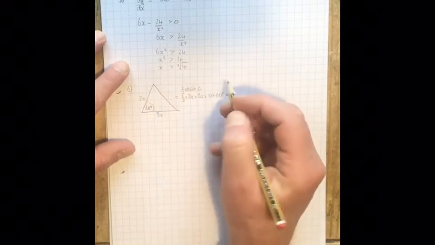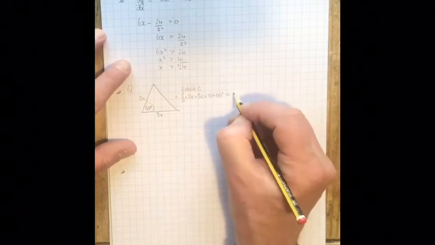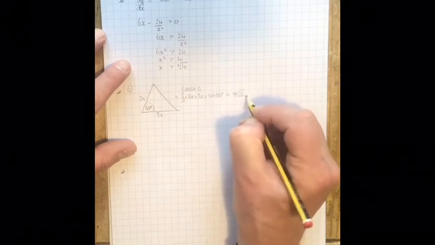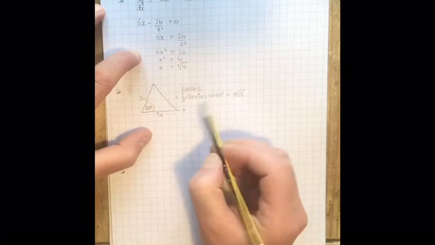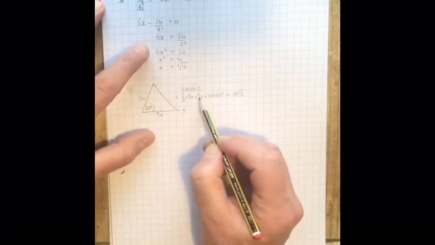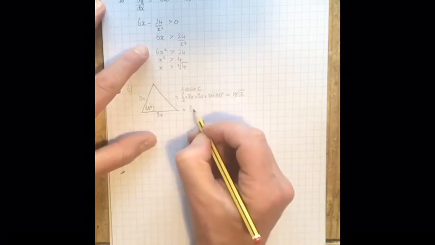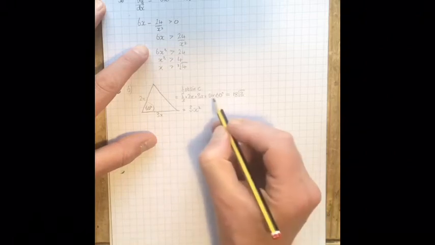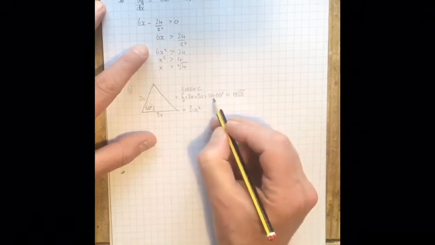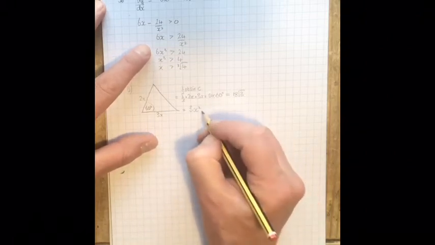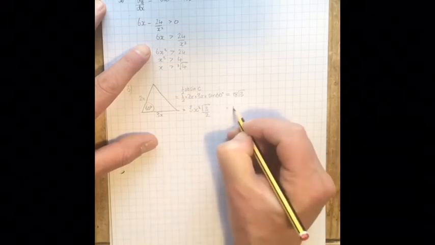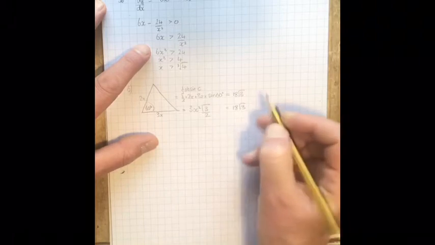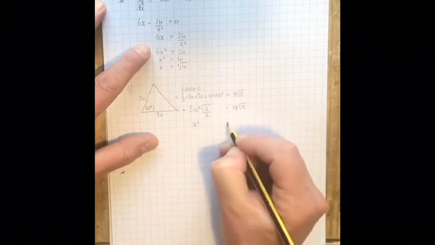And they tell you that that equals 18 root 3. So we have got half times 2 times 3, which is 3x squared. The sine of 60 is root 3 over 2 is 18 root 3.